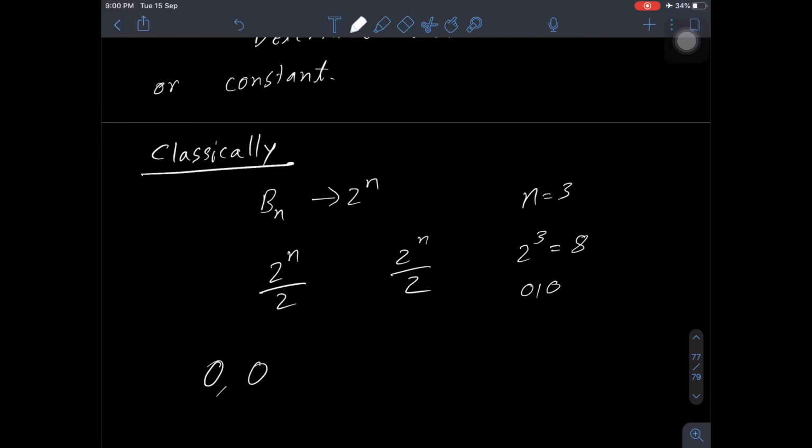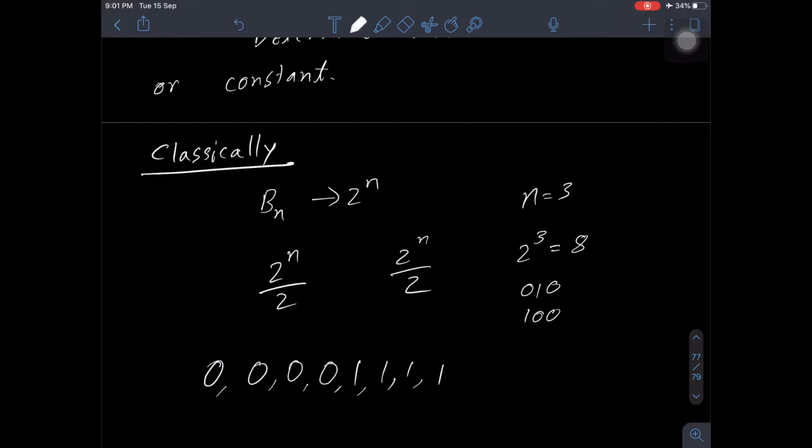Then you give it 100, you get a 0. Similarly you give another, you get a 0, and then again you get a 0. Are you still sure after 4 queries that you have a constant function? No, because you can still get a 1 here, and then the other three could all be 1s. So that is balanced.